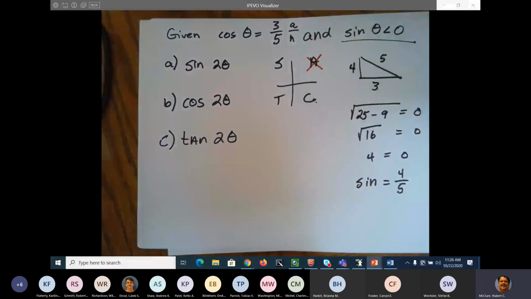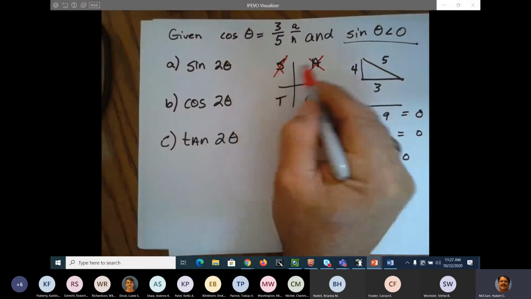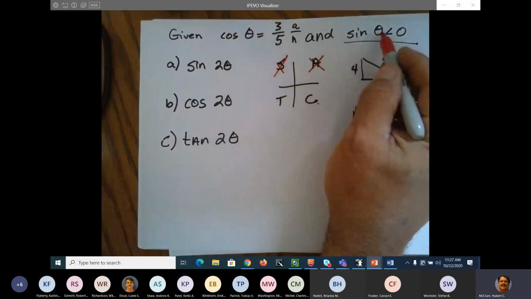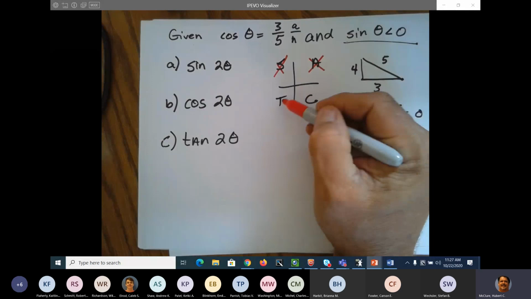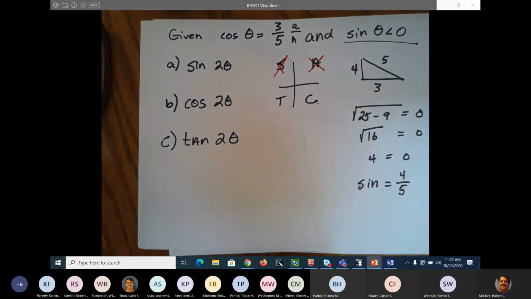You can mark out that one, and you can mark out that one because the sine is positive in these two. And here it says the sine is negative. So chances are we're talking about the third and fourth quadrants. So we know it's negative, so we'll put a negative right here.